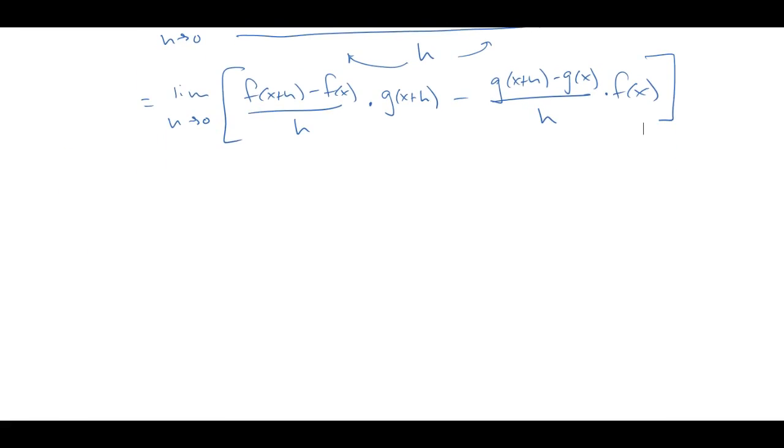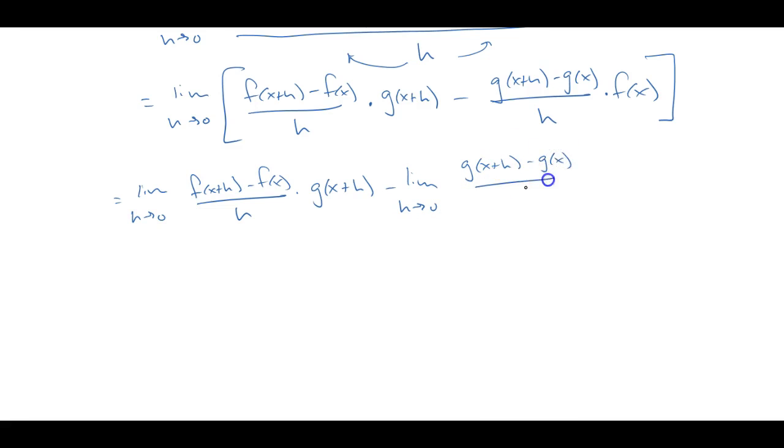Well, hopefully you can see what we're going for here. I could take the limit of the quantity, the limit as h approaches 0 of f of x plus h minus f of x divided by h times g of x plus h, minus the limit as h approaches 0 of g of x plus h minus g of x divided by h times f of x.